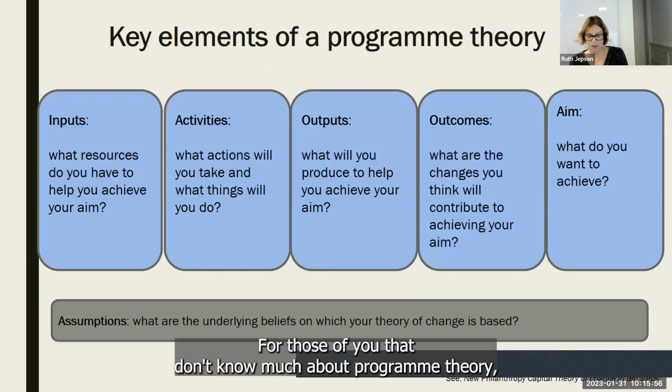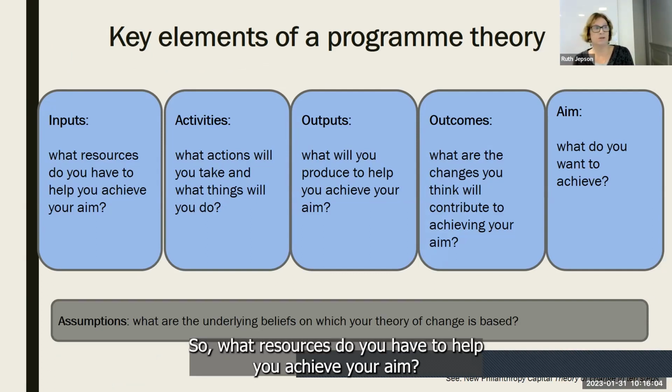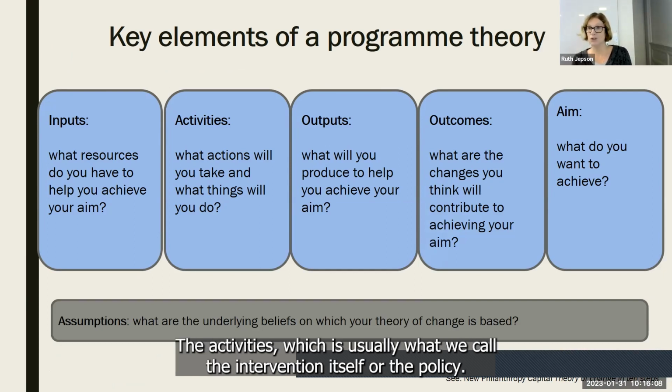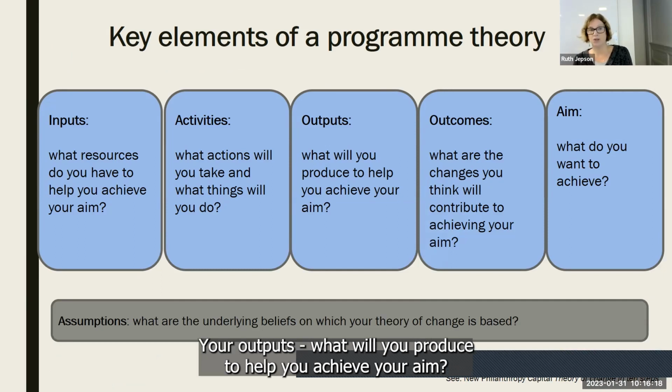And just for those of you that don't know much about program theory, the key elements of it are your inputs. So what resources do you have to help you achieve your aim? The activities, which is usually what we call the intervention itself or the policy. So what actions will you take and what things are you doing? Your outputs, what will help you to achieve your aim?